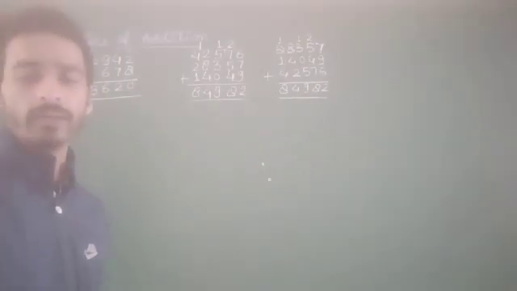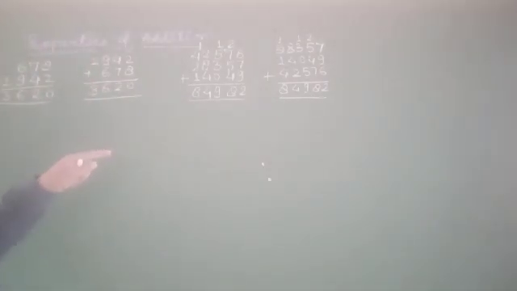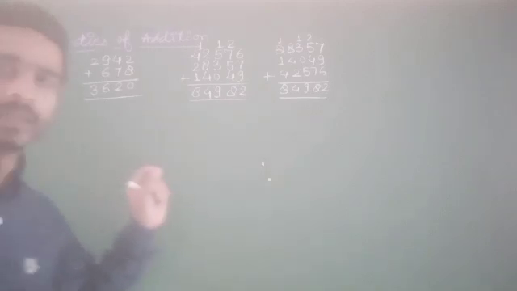That is 84,980. So you can see here that numbers can be added in any order, their sum will remain the same. That is proof and it is very easy. If you reverse the order, their sum will remain the same.